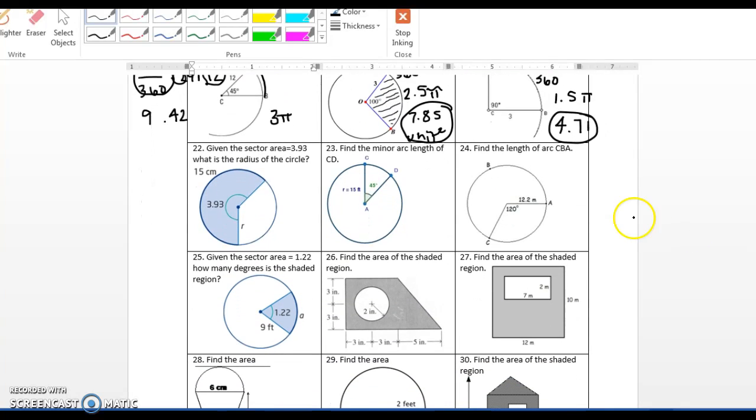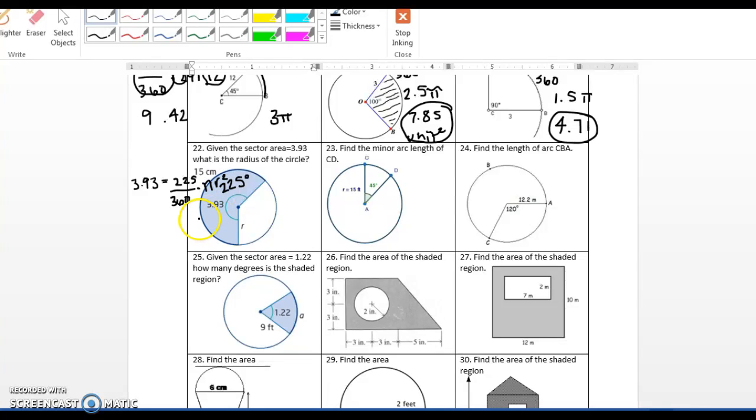Number 22, given the sector area equals 3.93, what is the radius of the circle? The missing piece on this number was that this is 225 degrees. Your teacher should have told you that. With this piece of information, we can fill in our equation, and we get the sector area, 3.93, is equal to the degrees, x degrees divided by 360, times the area, pi r squared.